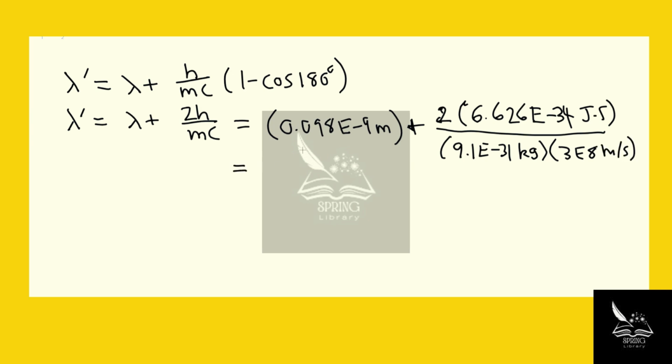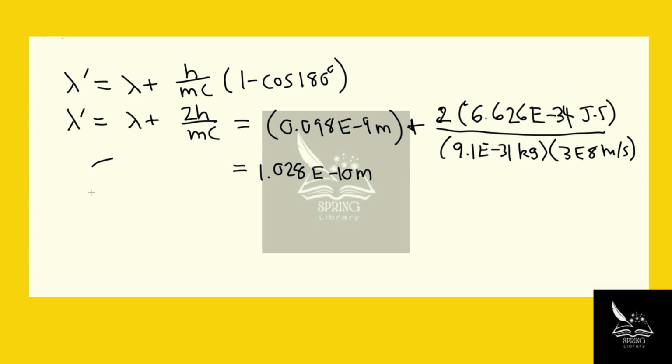And after doing this, we will end up with a result of 1.028 times 10 to the negative 10 meters. So this is our new lambda prime.